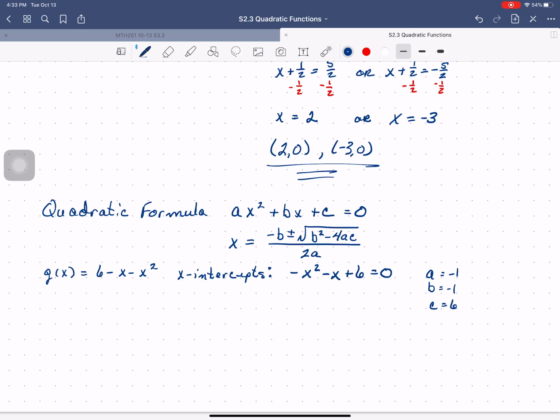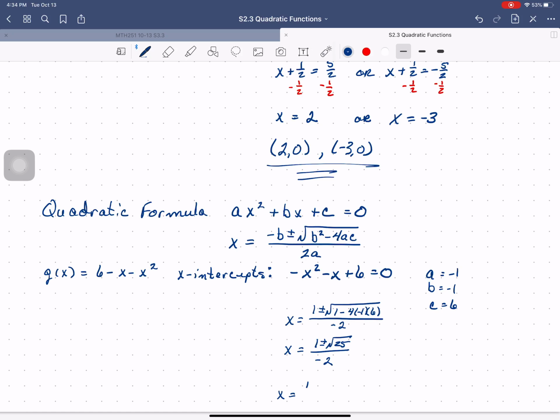So I know that x is going to be the negative of negative 1, which is 1, plus or minus the square root of negative 1 squared, which is 1, minus 4 times negative 1 times 6, all over 2 times negative 1, which is negative 2. So what I really have here is 1 plus or minus the square root of 25 all over negative 2.